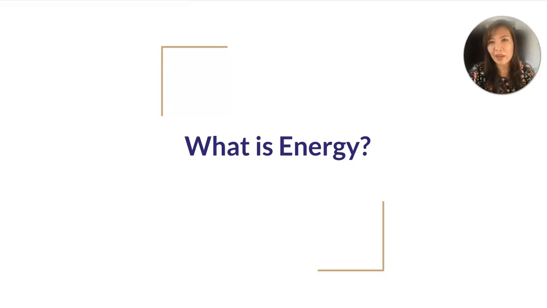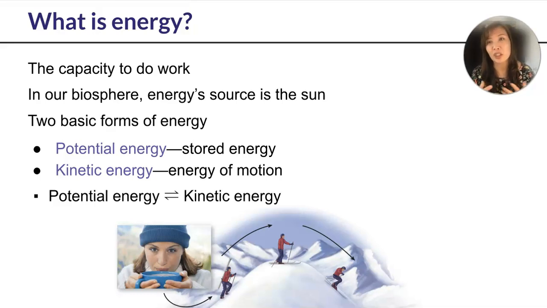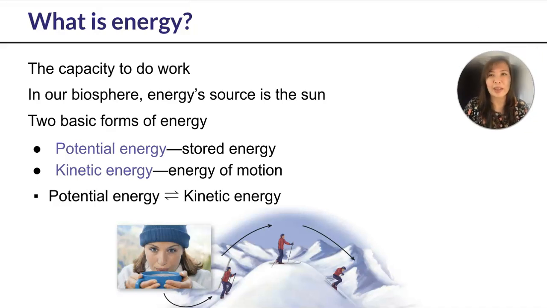So we can think of energy as basically the capacity to do work. Now, of course, in biology, we think of it a little more with regards to different chemical reactions, but still, the capacity to do work is what we want to focus on. In our biosphere, the sun is the main source of energy.